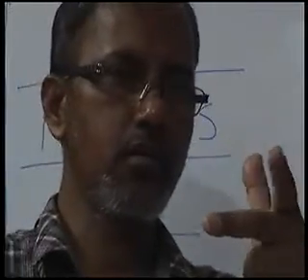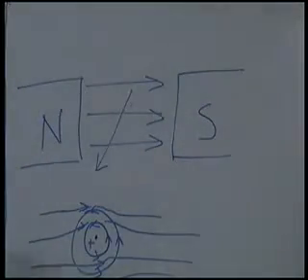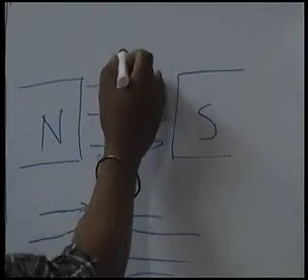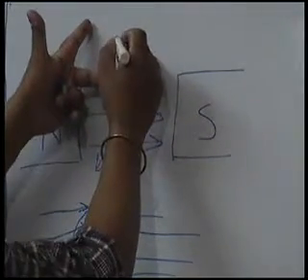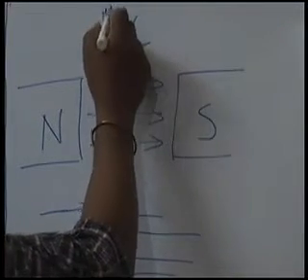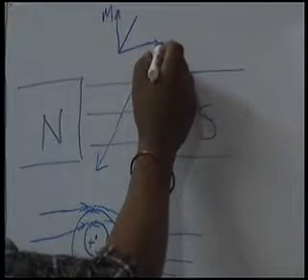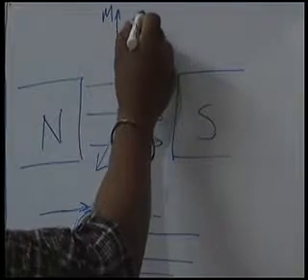So let's draw it in detail. This is my left hand. This is the thumb. This is the center finger, the current, and this is the forefinger, the field.